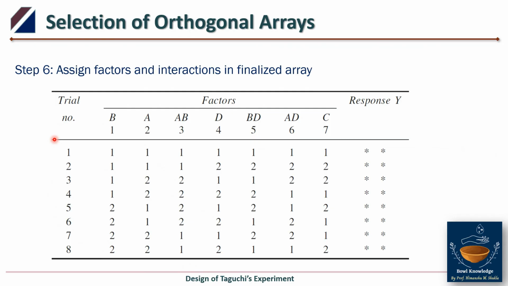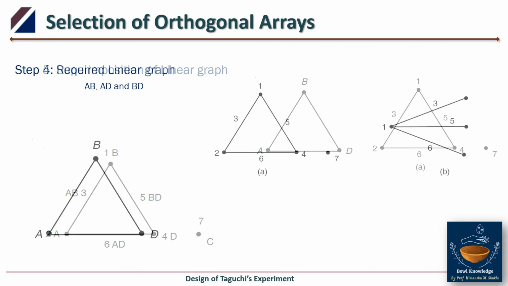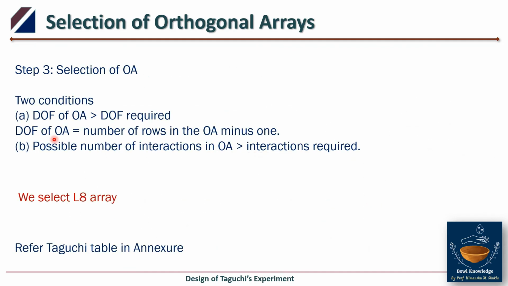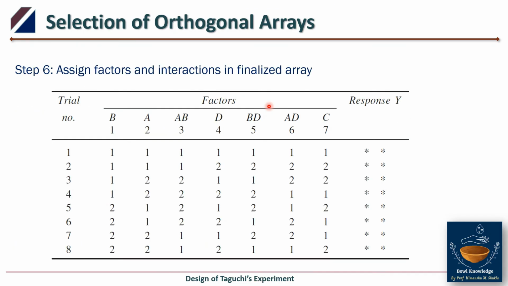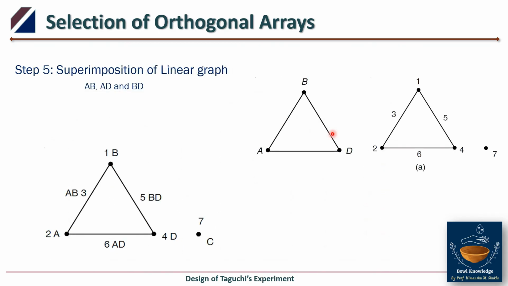So what array did I select? See here, I selected the L8 array. L8 array means that the array will have 8 rows and 7 columns. As we can see, this is the format of the orthogonal array, and these column numbers tell which factor or interaction is to be assigned to which column, which I get from this superimposition graph.